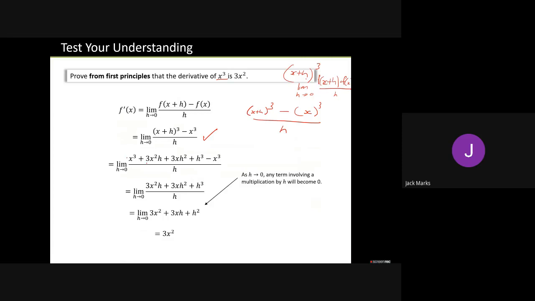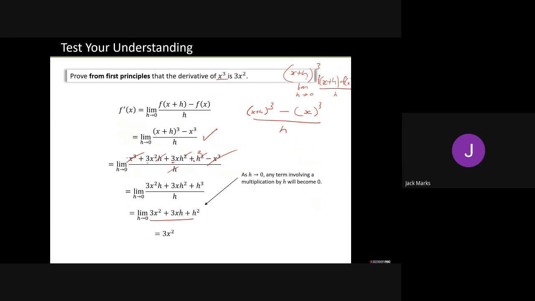Expand it out. 1, 3, 3, 1 are Pascal's numbers. And you'll always find that these bits here will cancel. Don't use the h is 0 bit until the very end of the question. So we do some cancelling with h, and we end up with this line here.